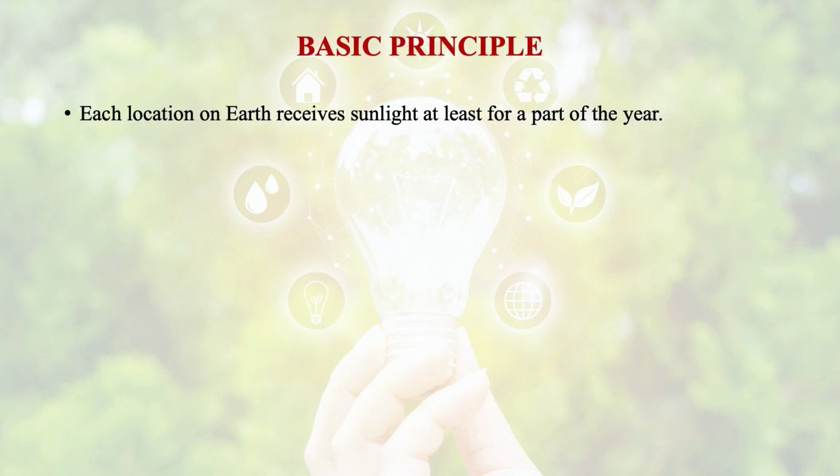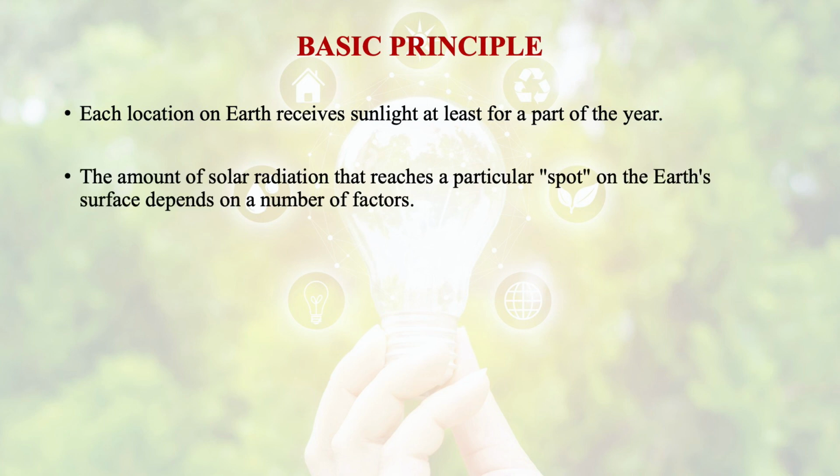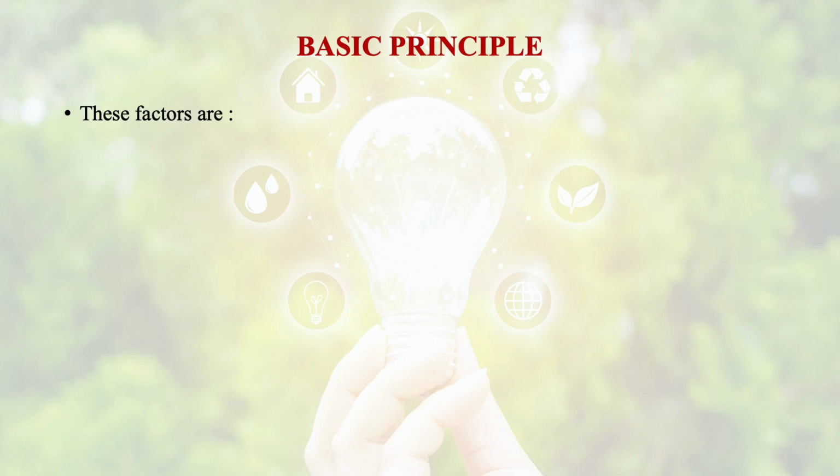As we know, each location on Earth receives sunlight at least for a part of the year. The amount of solar radiation that reaches a particular spot on the Earth's surface depends upon various factors. And what are these factors? Geographic location. In Rajasthan, you will get more sunlight than in Shillong.